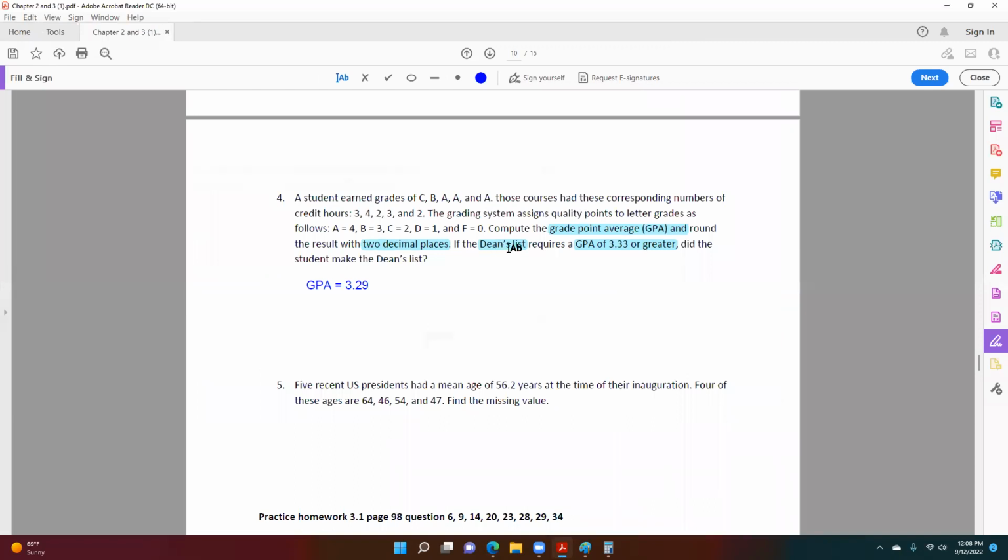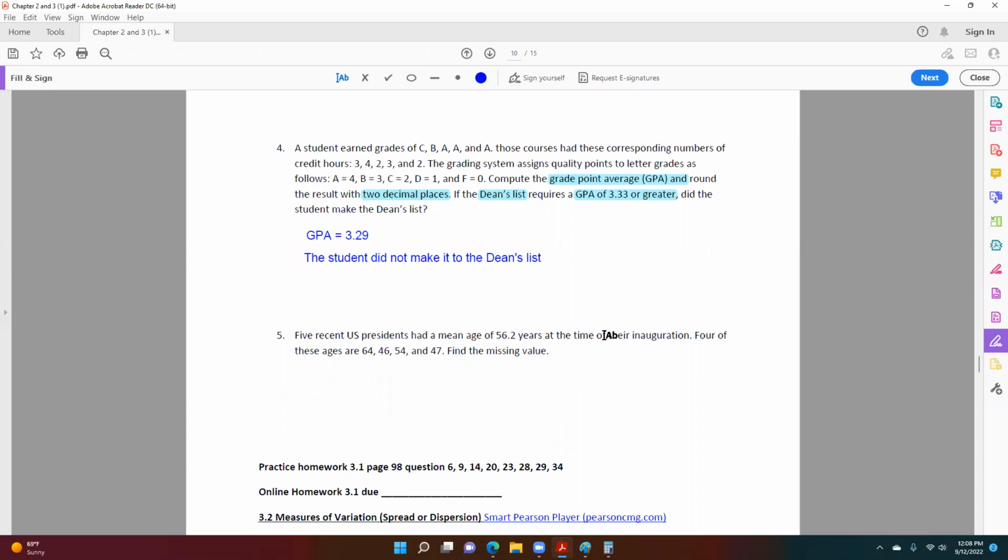In order to make it to the dean's list, you have to get 3.33 or greater. So in this case, the student did not make it to the dean's list. Unfortunately, he's just a few points shy. So too bad. This is how we find your GPA.